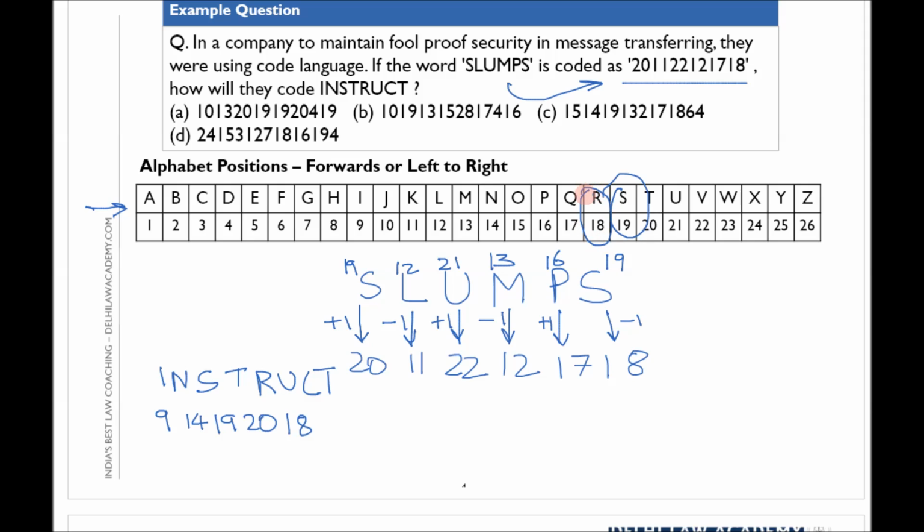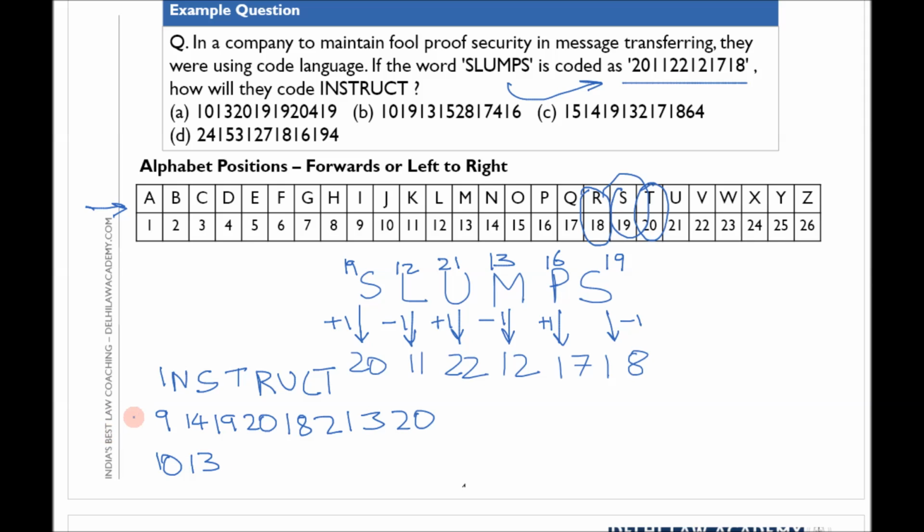So R was 18, I got that from here. T was 20, I got that from here. Now I reached till R, so U is 21, C is 3, and T is 20 again. Now I just need to do my plus 1, minus 1. So I get 10, 13, and hold on, I paused right here.